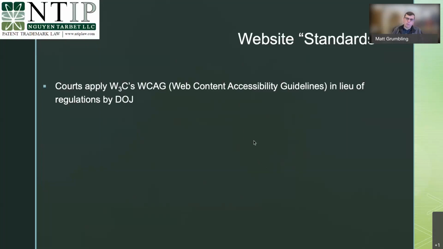They were put together by the World Wide Web Consortium, and they have put together the Web Content Accessibility Guidelines. Courts have been applying them because the Department of Justice just hasn't kept up with the times, surprisingly.